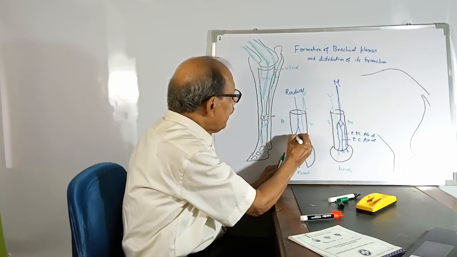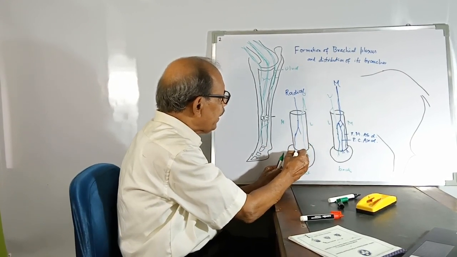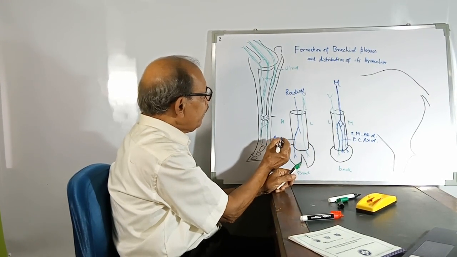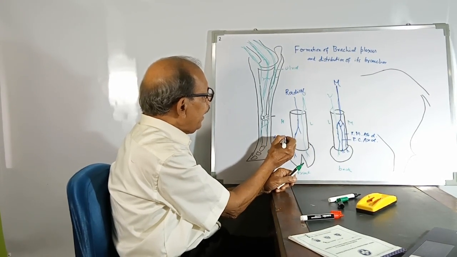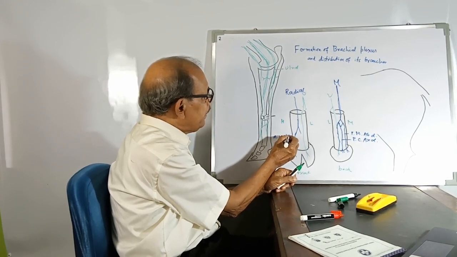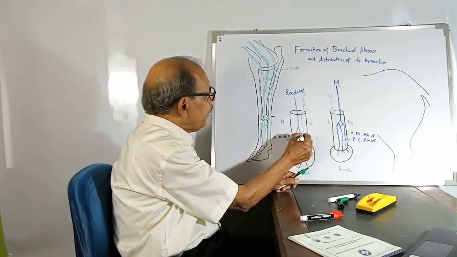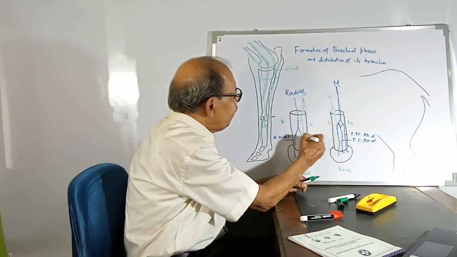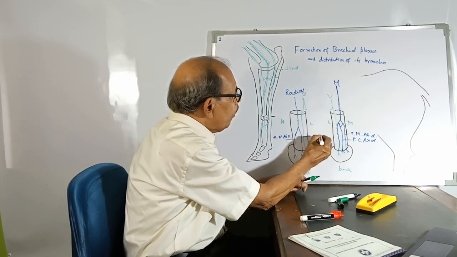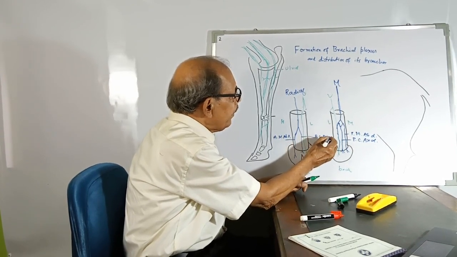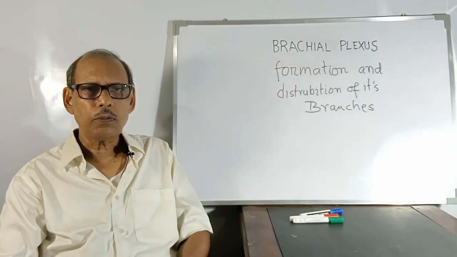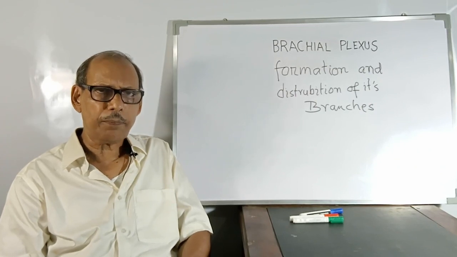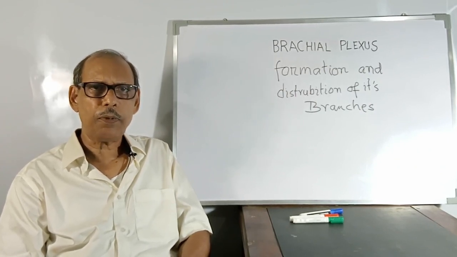This external branch will continue downward as the anterior medial abaxial digital nerve, and this one axial branch will continue as the anterior common axial digital nerve. So this is all about the distribution of different branches of the brachial plexus, which has been formed as I told earlier.